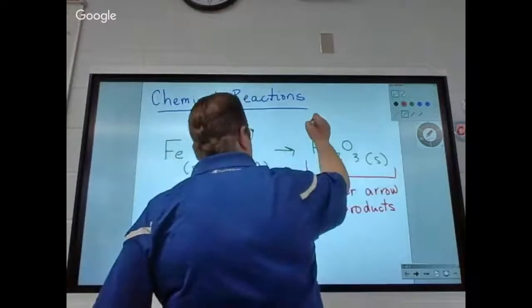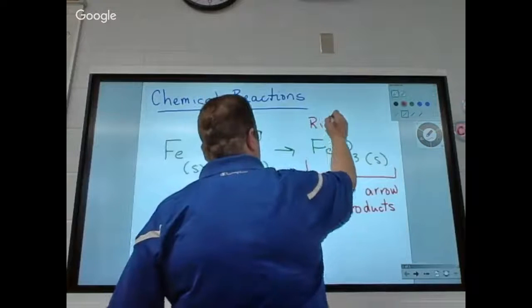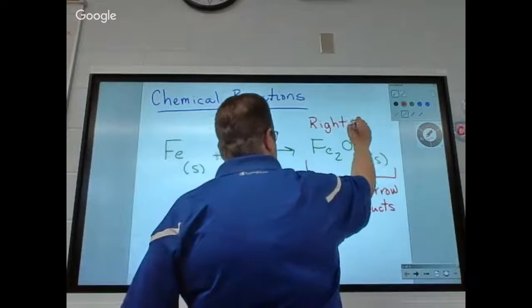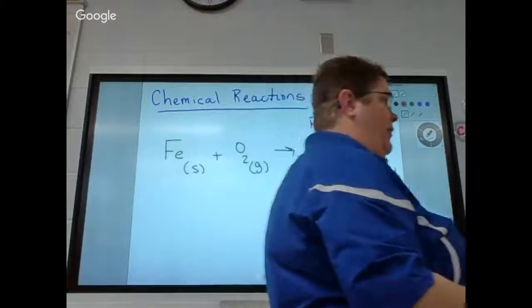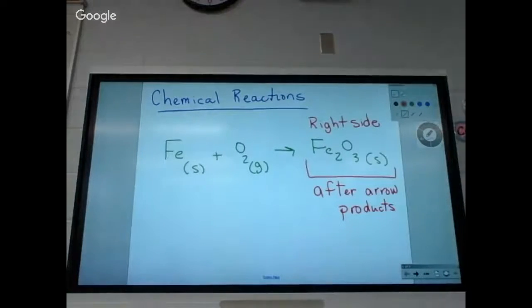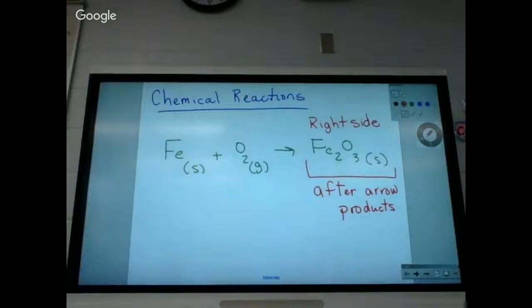This is referred to as the right side, for those of us who struggle with that. You're going to hear me refer right and left often. The right side of the arrow is the product side. Okay? They are the products.